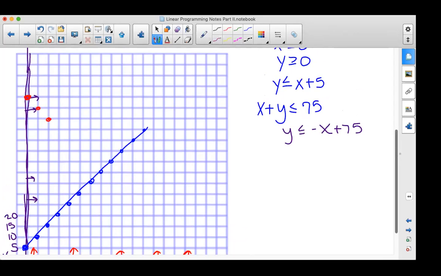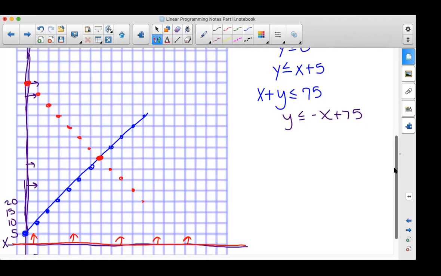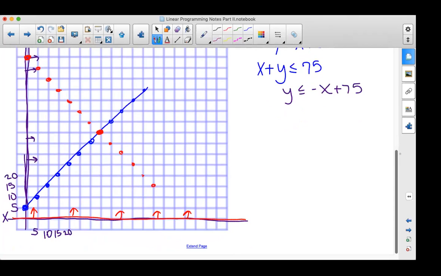And this time it's down 1, right 1, because the slope is negative. I usually try and highlight, make the point where they intersect a little bigger so that I'm seeing they are crossing.